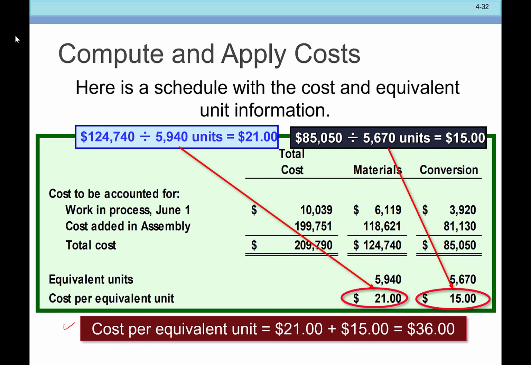That gives us one cost per unit for materials and one for conversion, our labor and overhead. If you wanted a total, you could add those together, but typically we apply them separately. I'll typically ask you in questions what it is for material and what it is for labor.